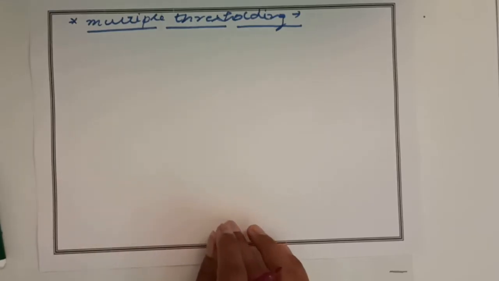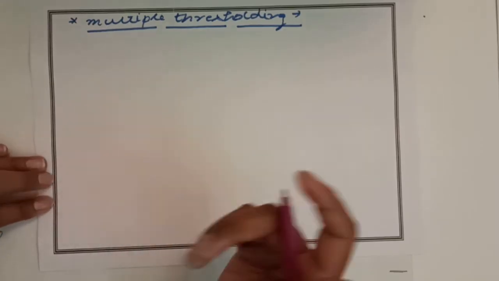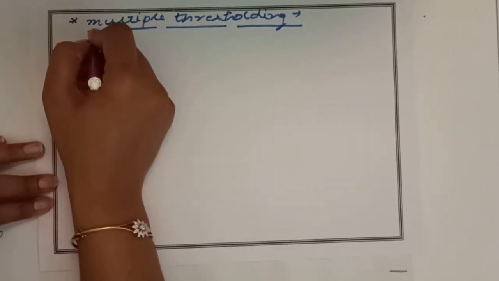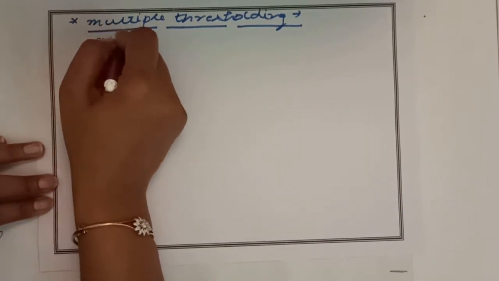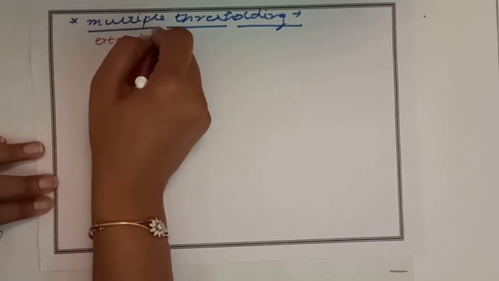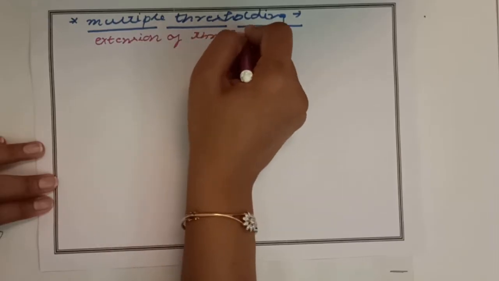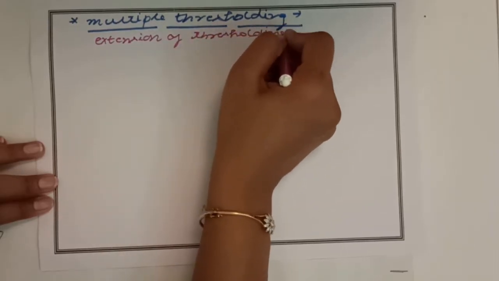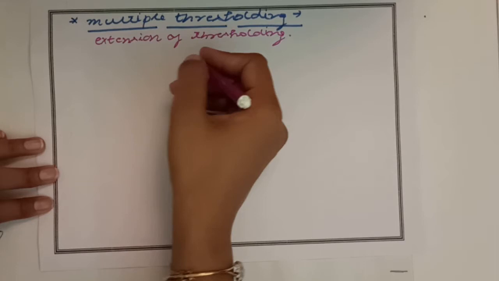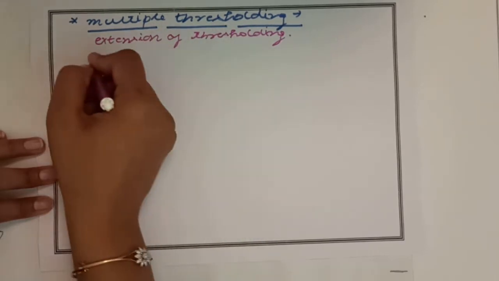In the previous case, two threshold levels were taken, T0 and T1, but it can be increased. So it can be said that this is the extension of thresholding. Here multiple thresholds are used.